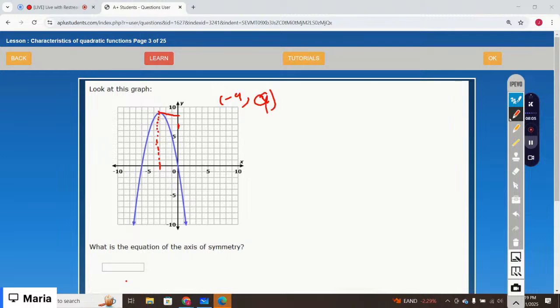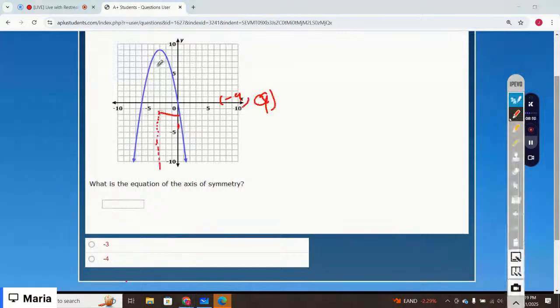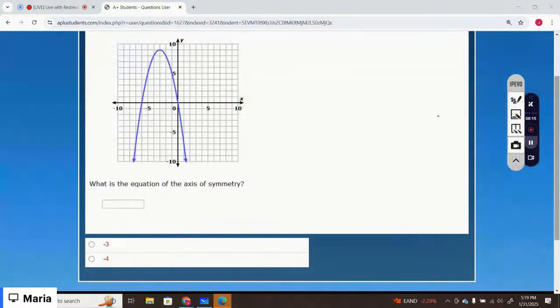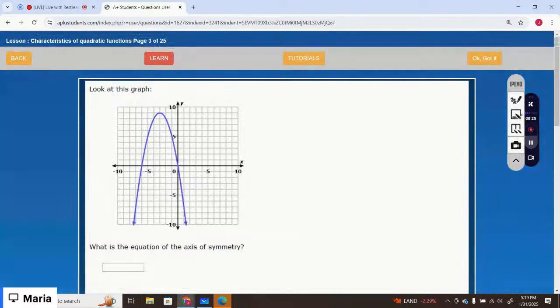So the axis of symmetry is the line crossing the x-axis at -4. So the axis of symmetry is -4. Option number 2 is the correct option. That is not 4. That is grade 5. That is grade 10 math.